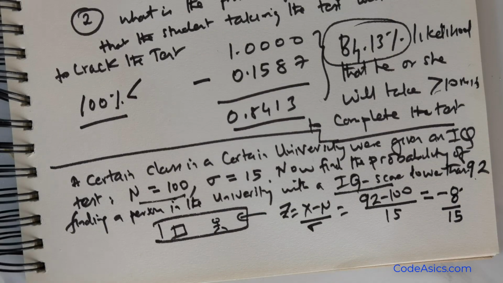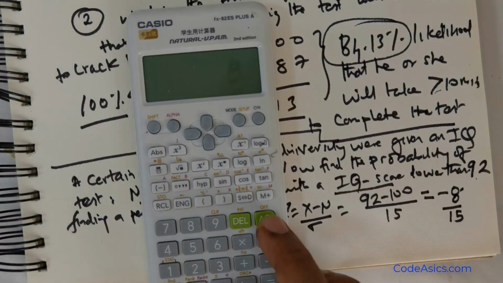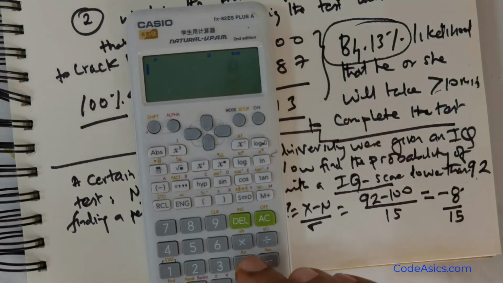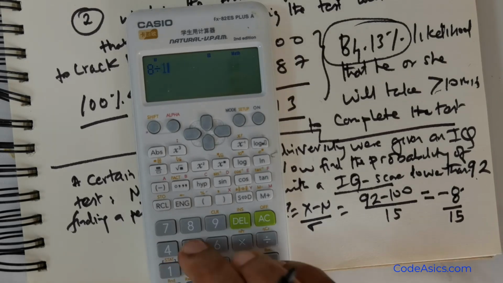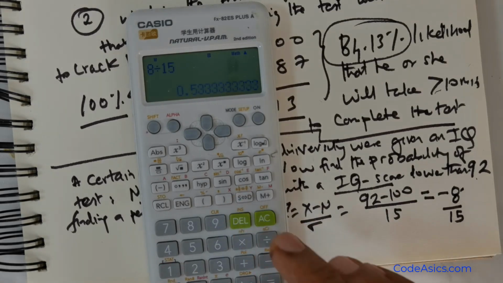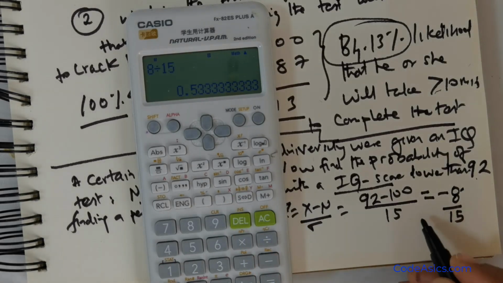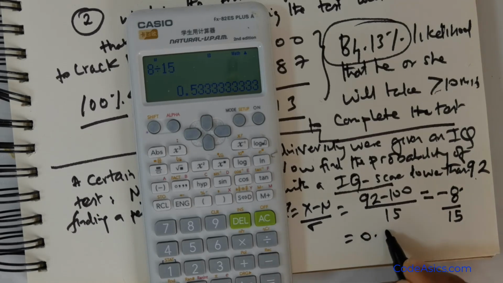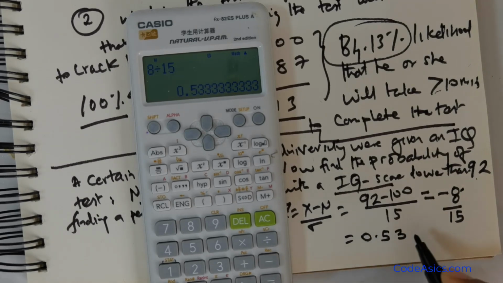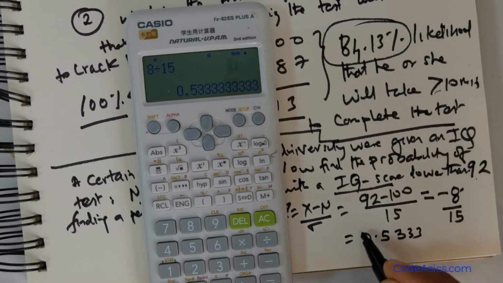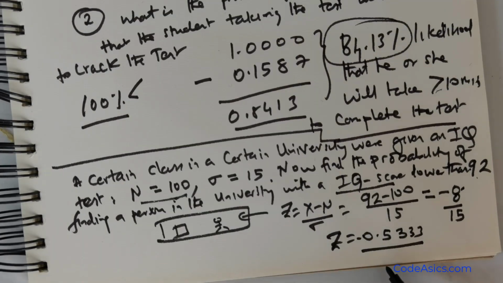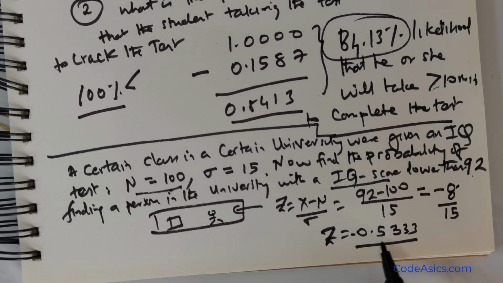So 8 divided by 15, let me just check that out. 8 divided by 15, what do I get? I get 0.5333 with a negative sign. This z-score, we need to go and find the probability. So I'm going to put that probability table over here, and I'm going to show you how to locate this value.